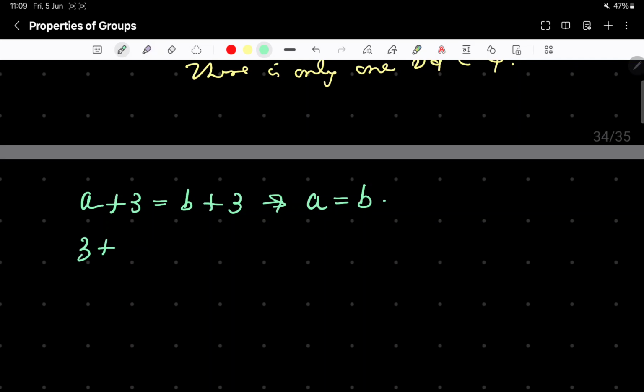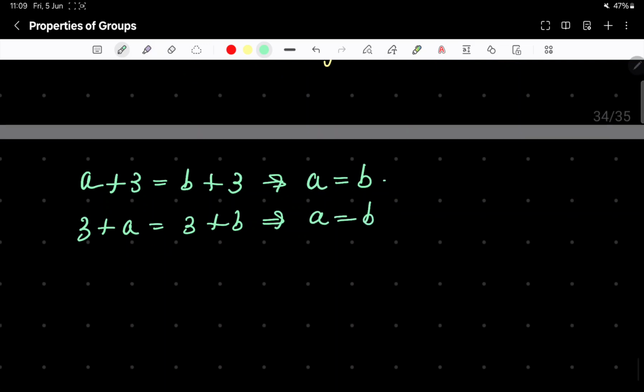Similarly, if 3 plus a equal to 3 plus b, here also you can cancel from the left, we can conclude a equal to b, right? So is it possible in a group?